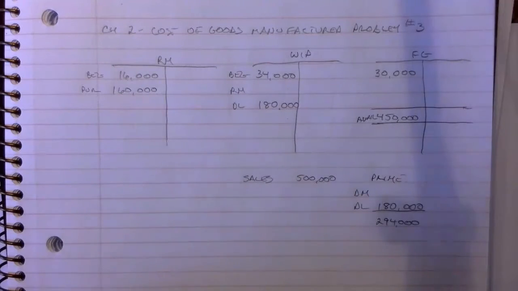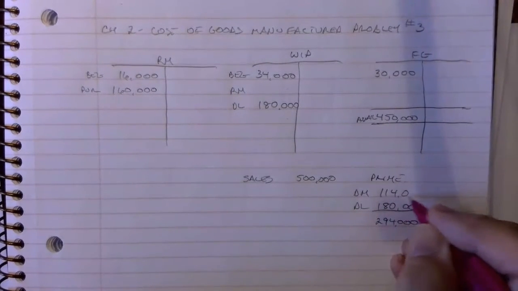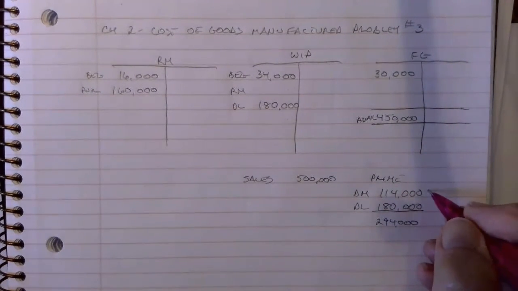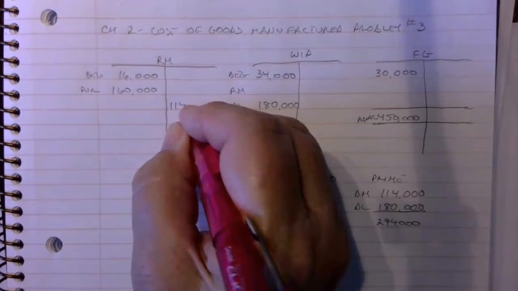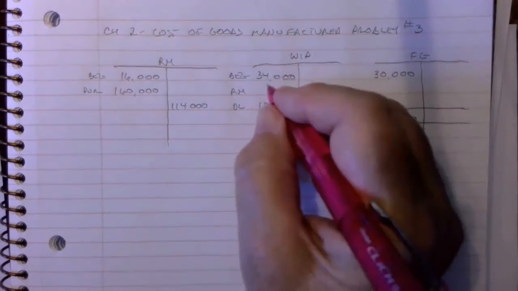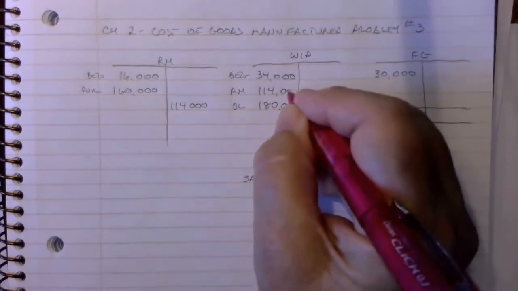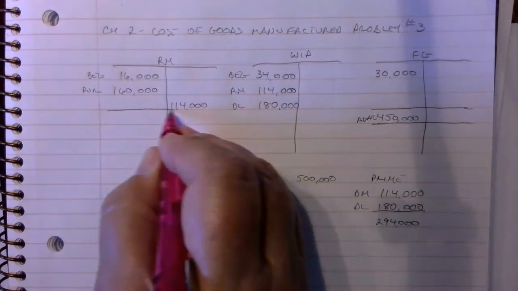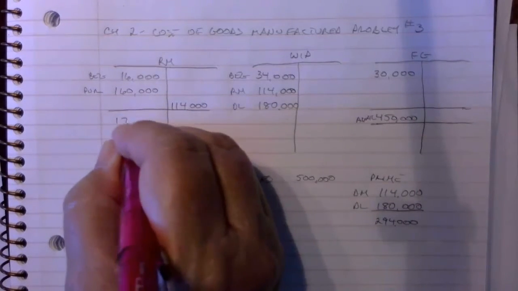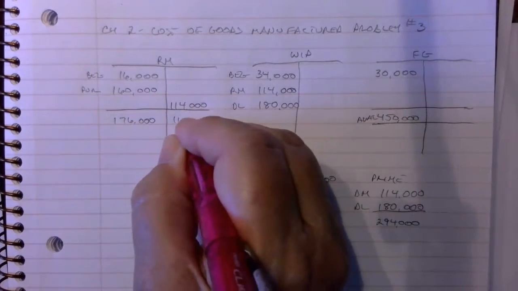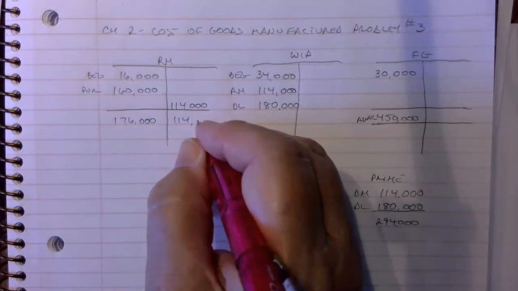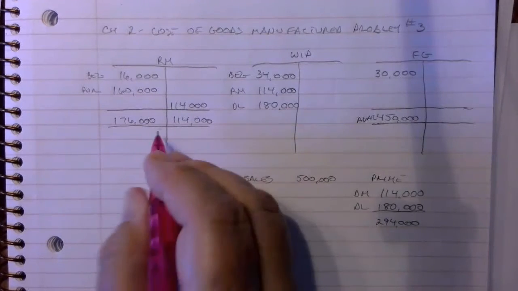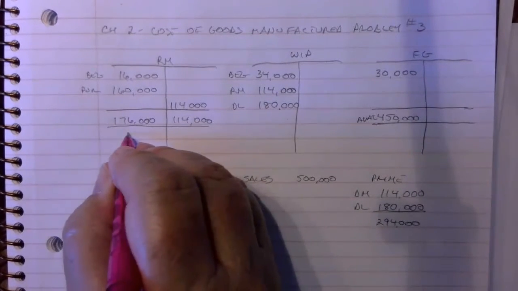Direct material would have been 114. Okay, so now that we've got this, we can take 114, and we know that's what came out of raw materials, and it went into work in process. So that's pretty good. Okay, we're getting there. So now we know the direct materials total here is 176, and debits 114, and credits. So 176 minus 114, my ending balance in materials would have been 62.